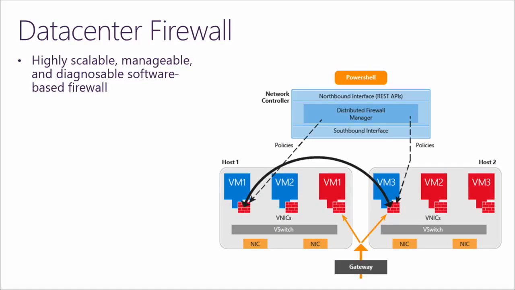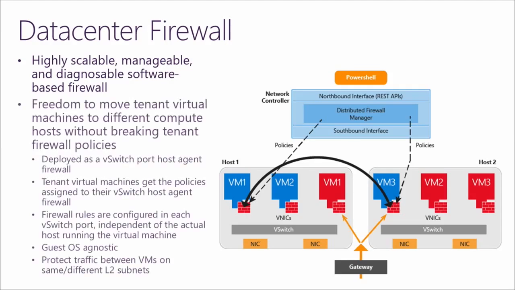And the beauty of having this as a distributed firewall is that if VMs float around the infrastructure, you have the ability to take the firewall settings and policies with the virtual machines. So that's very important. As we said, it's scalable, manageable, and diagnosable, so we can very easily query and understand what's going on in the environment.